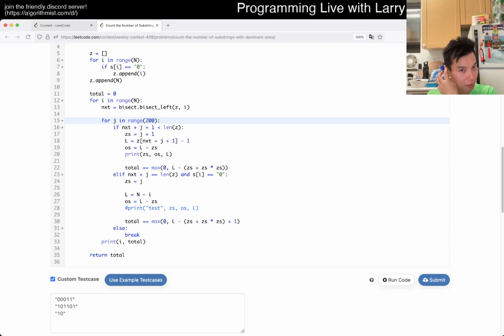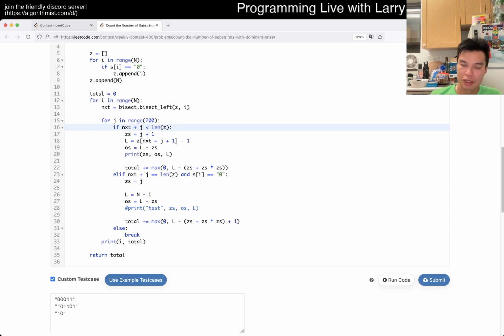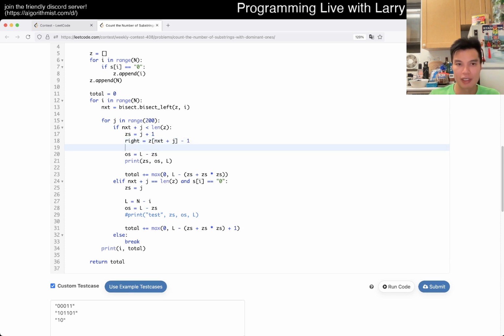Because then now you have, so this is 0, so next, now what we want is this, but we want this. So this isn't the, oh, that's why I confused myself. So this is the right side, the length is equal to the right side minus I plus 1.